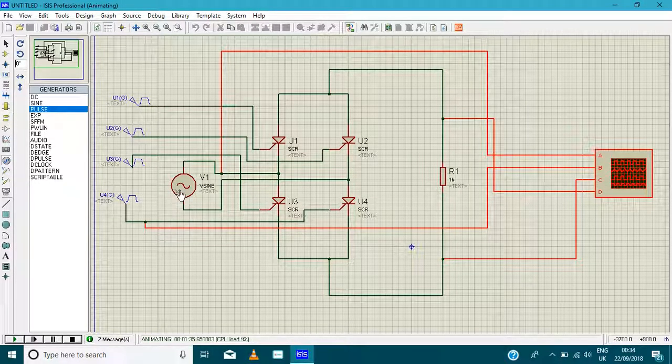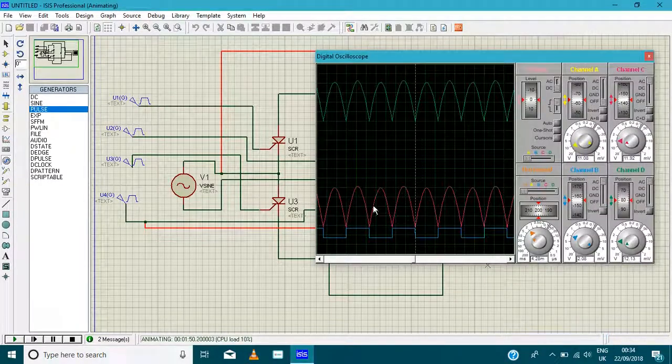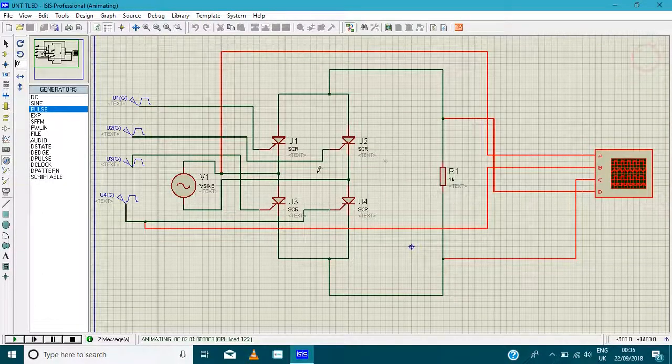For the next cycle, when the polarity changes, the current flows like this, again this, and from this. So whenever the polarity changes, the direction of current changes, and that's why we got 2 waves over there. This is positive, this is negative. Whenever we join these two, we will find something like this. Okay, C and D. Now this is how it actually works.